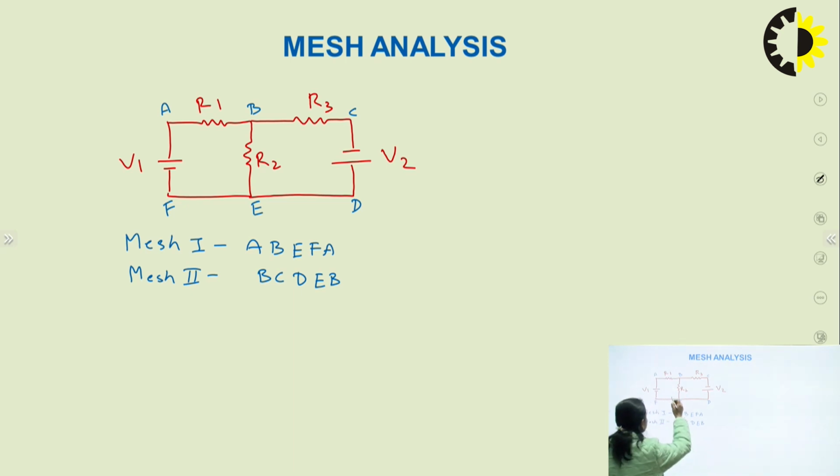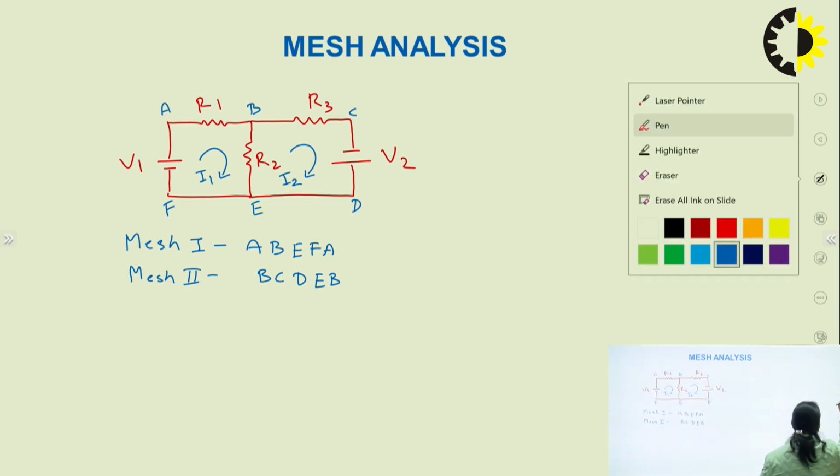So here I am assuming the loop current direction is clockwise. I have assumed this loop current is I1, which is in clockwise direction. Again, I have assumed here the current direction is clockwise, which is I2. After assuming this current direction, now you can assign the polarities here, right?